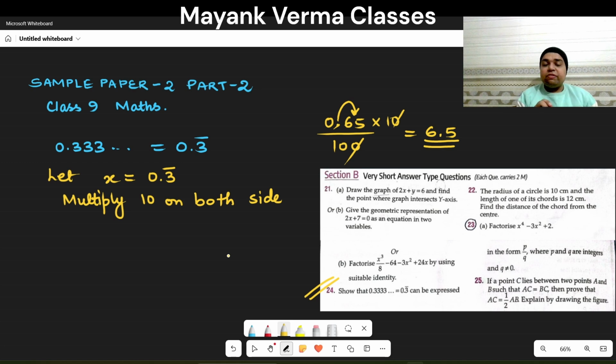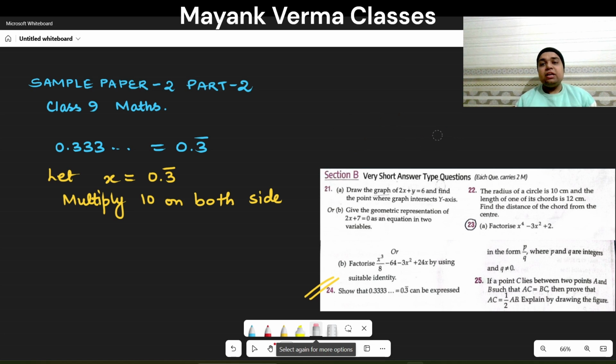So we understood that if I multiply with 10, the decimal point will shift one digit ahead, in the right direction. So if I multiply both sides with 10, I will get 10x as 3.3 bar.